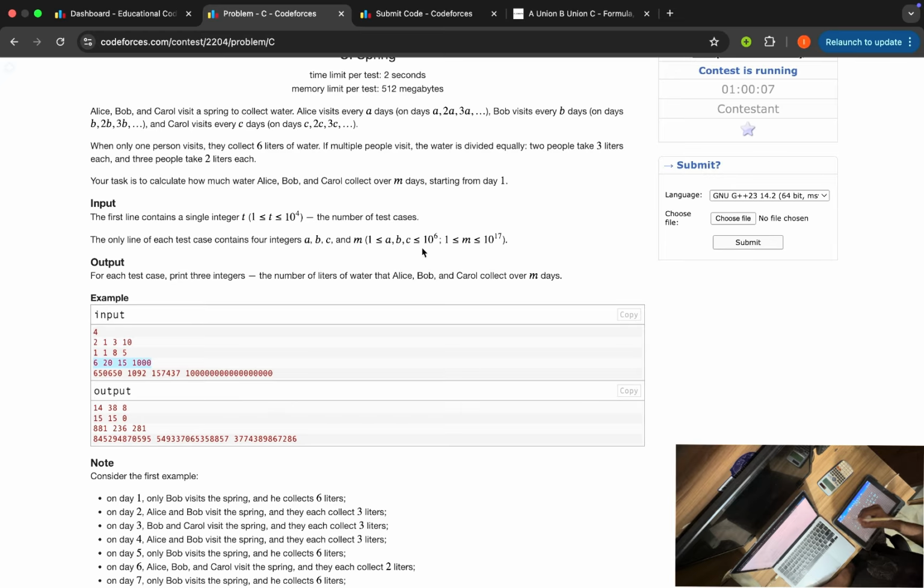Let's say my values are 2, 3, 5. Okay, 2. Then my value is 3. 13 doesn't match. Yeah, 13 does not match. This value, yeah, it will not match.